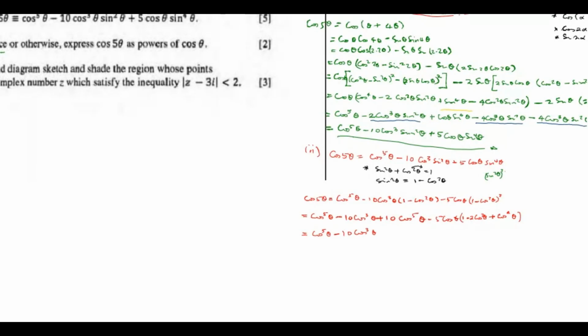Then here, minus 5 cos theta, this one and this one, plus 10 cos cubed theta, that one and that one. It becomes minus 5, not 16.